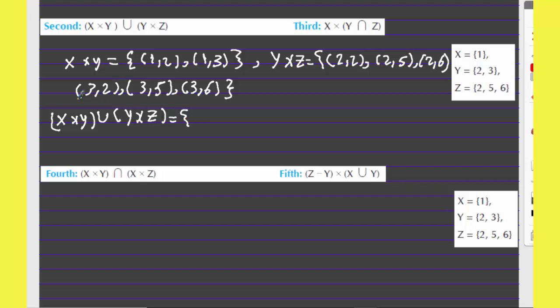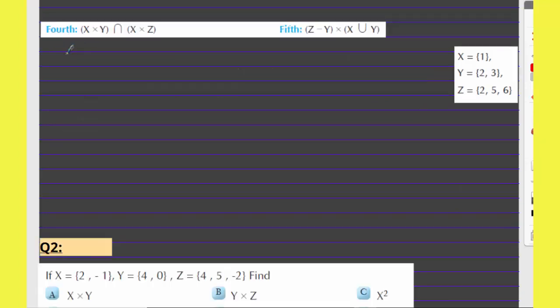So we start with the elements of x multiply y, the ordered pairs (1, 2), (1, 3). Then we take all the elements in y multiply z: (2, 2), (2, 5), (2, 6). The requirement here is to find x multiply y intersect x multiply z.